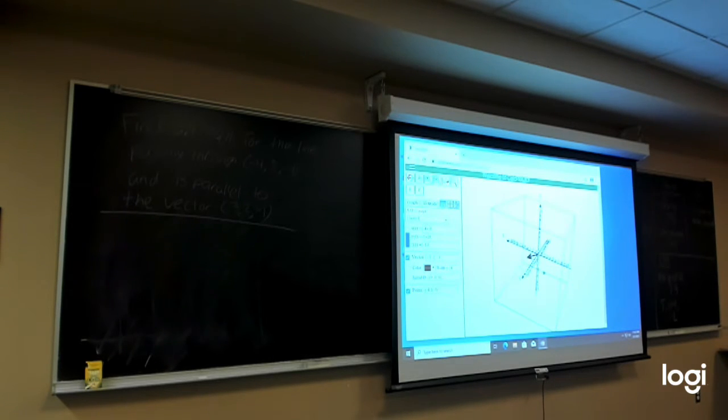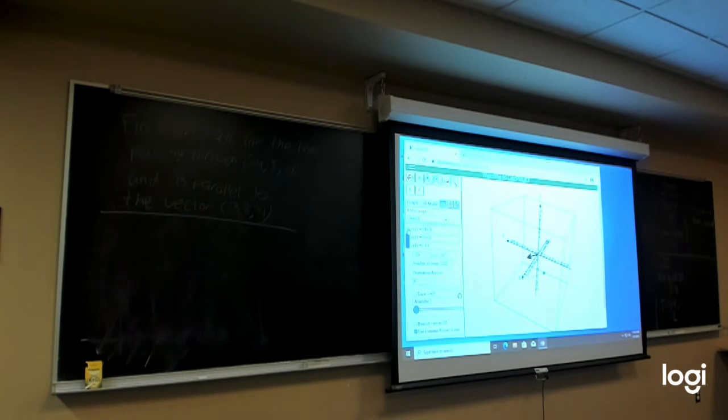What I would like to do is to find the line that passes through this blue point I drew, (-4, 5, -1), and that also happens to point in the same direction as this vector here.